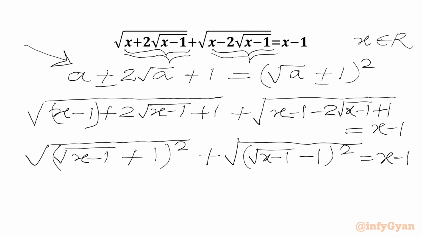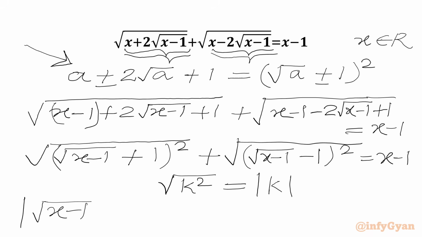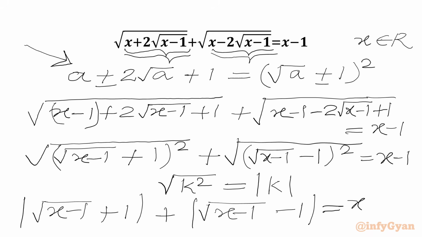Now we are not going to cancel square root with a square, as we know square root of k square equals mod k. So we will write mod of square root of x minus 1 plus 1 plus mod of square root of x minus 1 minus 1 equal to x minus 1.